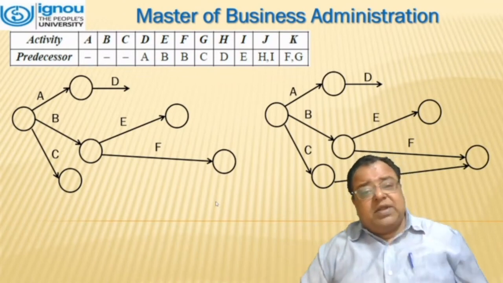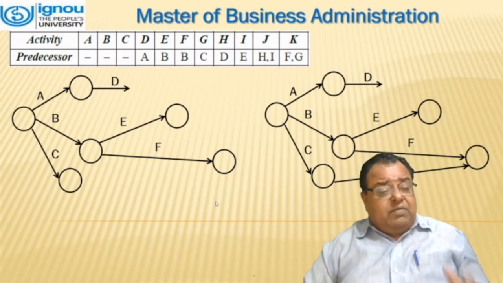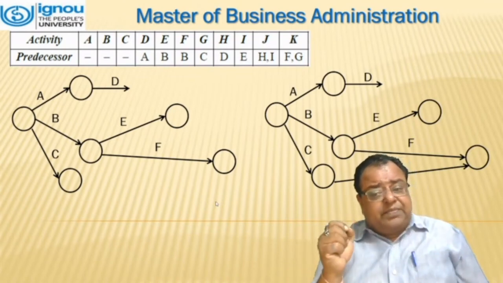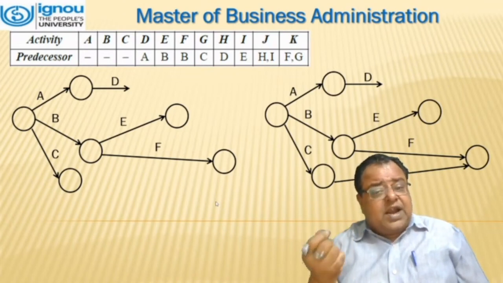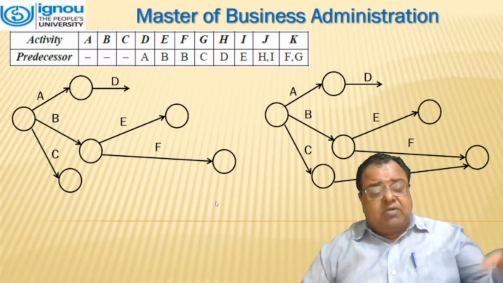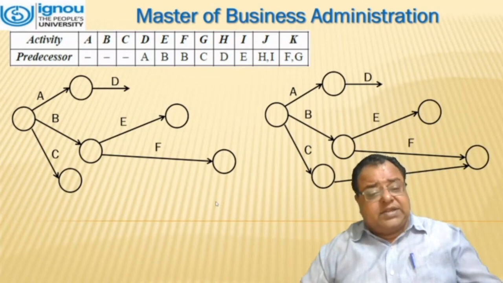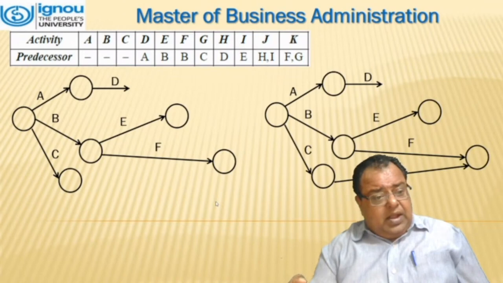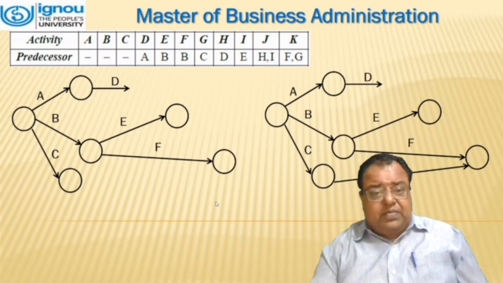Now, moving further, you can see that activities G and H are there. G starts when C has completed. So we will move towards the right and we will draw G over there with the arrow.